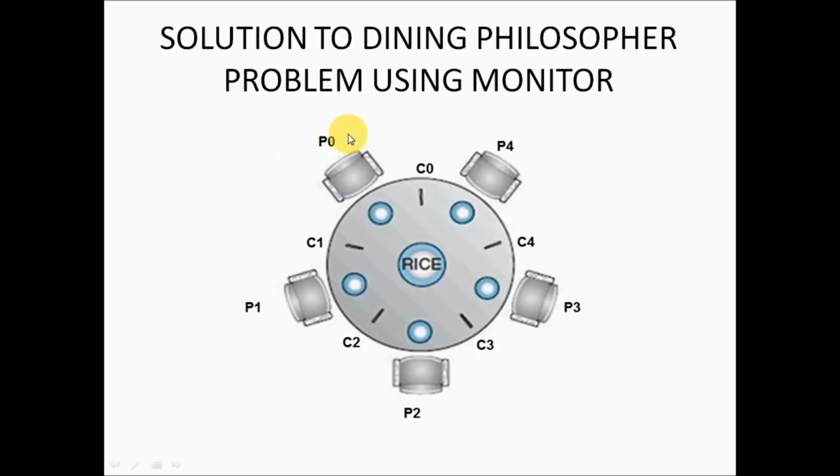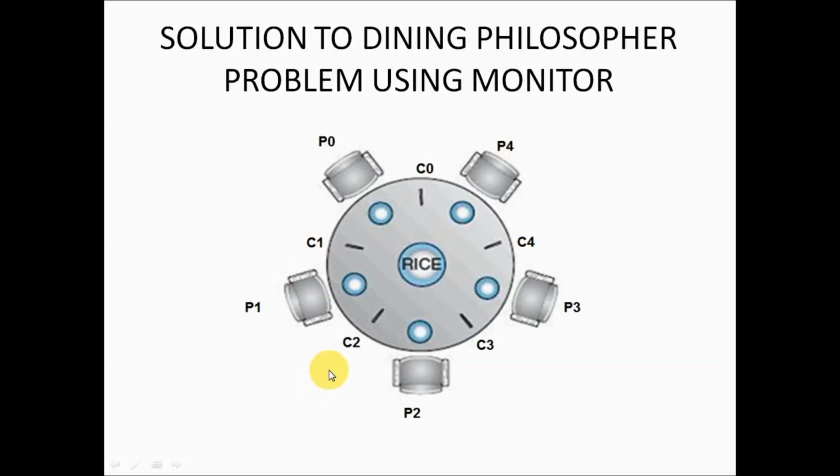Now P0 should give chance to its right neighbor, P1. For P1 to eat, P2 should be free and P0 should be free. Now we will check that. First it gives the chance to P4. If both the chopsticks are free, it will eat. Then it will give the chance to P1.